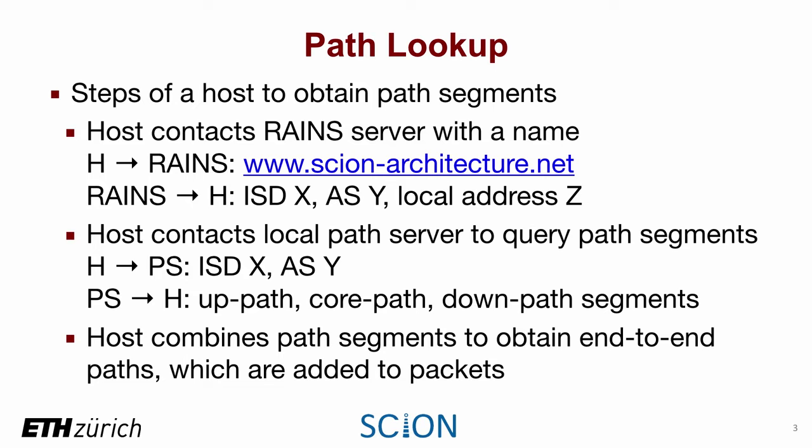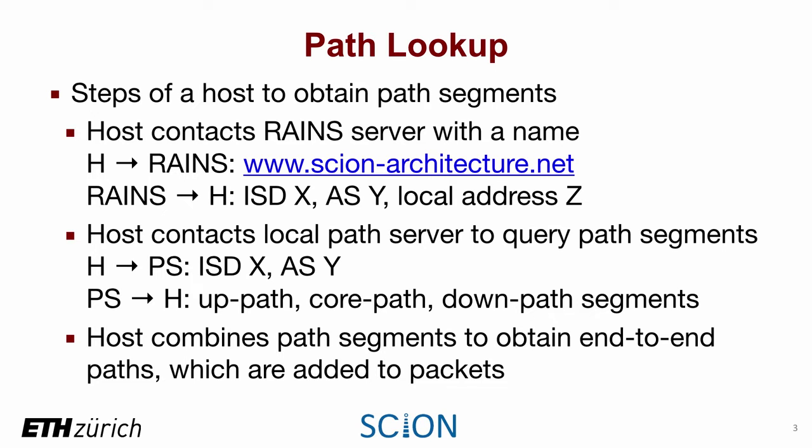In SCION, the RAINS system, which is the name resolution architecture, is contacted with this name, and the RAINS infrastructure will respond to the host with an isolation domain, an autonomous system inside this isolation domain, and a local address.